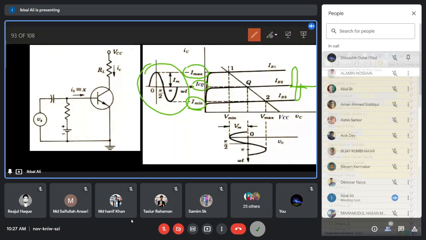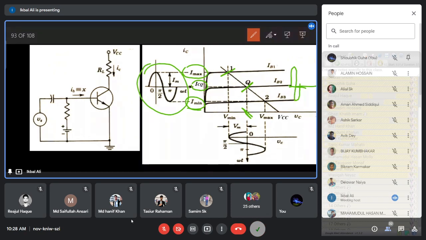When the Q point is in the middle, the voltage across the collector emitter is here. When the Q point is at position 1 for the positive half cycle, the collector emitter voltage is Vmin. We call it minimum because the voltage is decreasing if the Q point shifts to position 1, or the collector current jumps to the peak value, or the input signal is at the peak value.